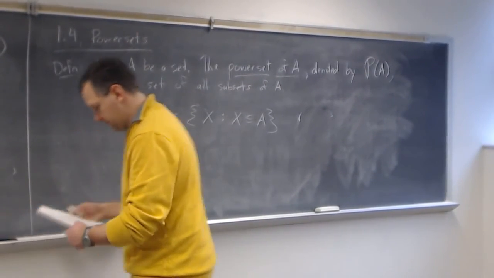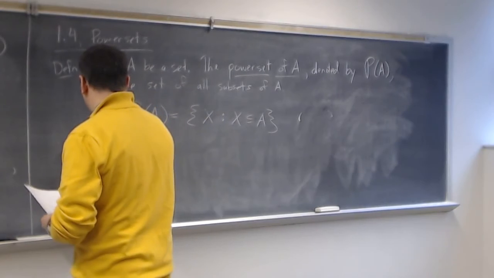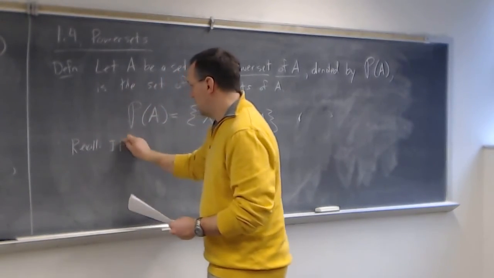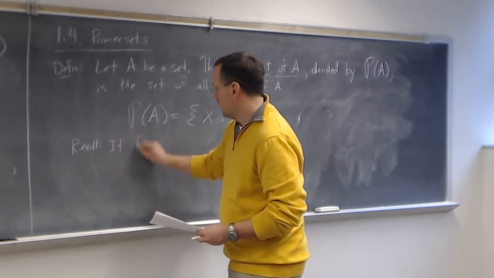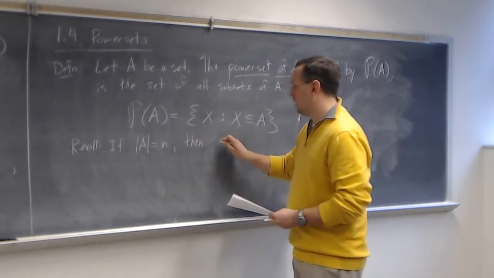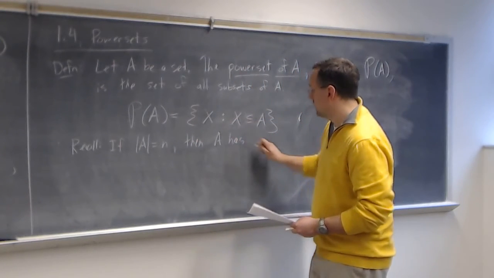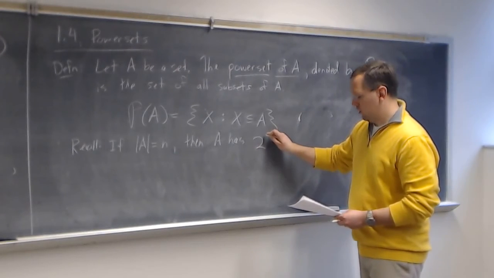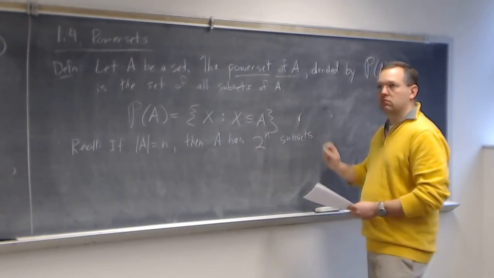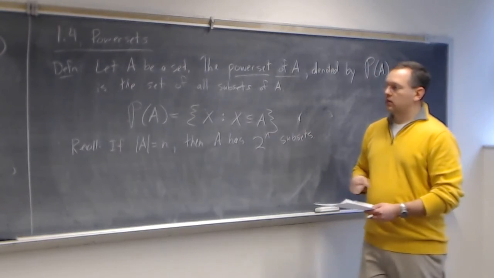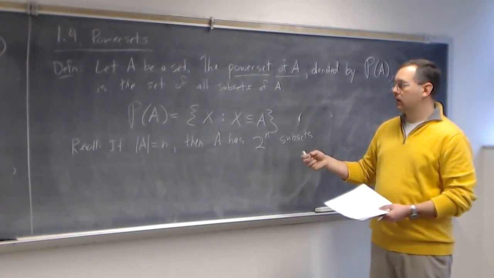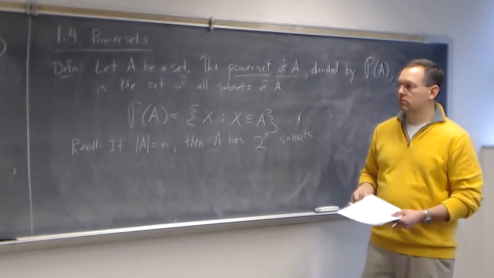So recall, if the size of A is n, then A has 2 to the n subsets. What we just said. So if A has size n, then the power set of A has 2 to the n elements.